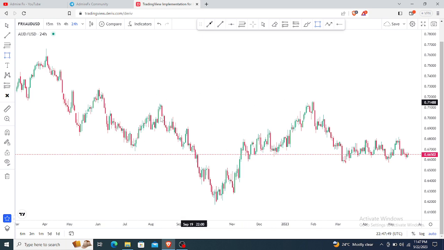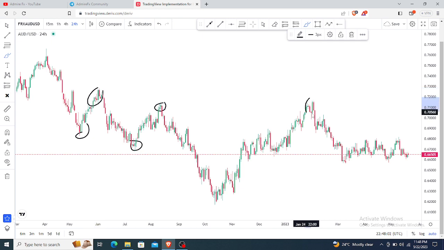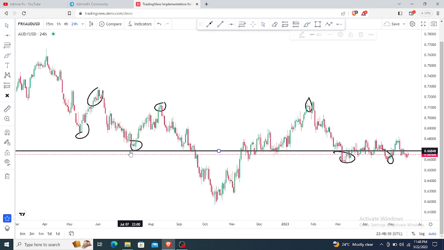Okay, so all he does is to look for where you have multiple weak rejections on price. Okay, like what we are having here, multiple weak rejections where price has touched severally over time. So those areas that you see price having multiple weak rejections, all he needs to do is look left. Okay, he places his lines there.